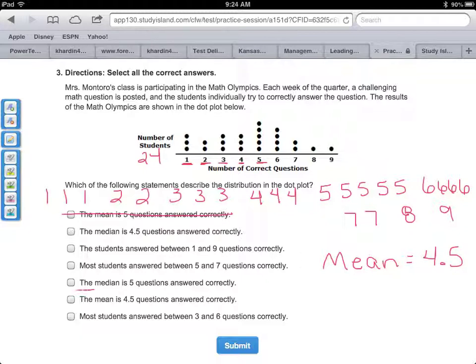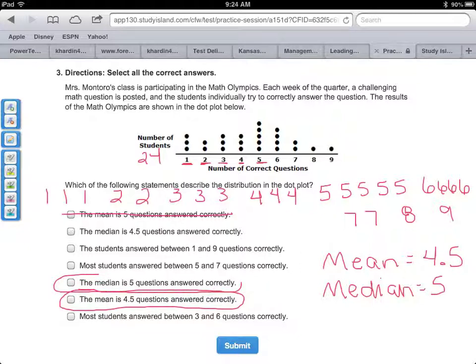But down here where it says the mean is 4.5, that one is correct. The median, if we figure out which one is in the exact middle, is 5. So this one is correct, and this one is not correct.